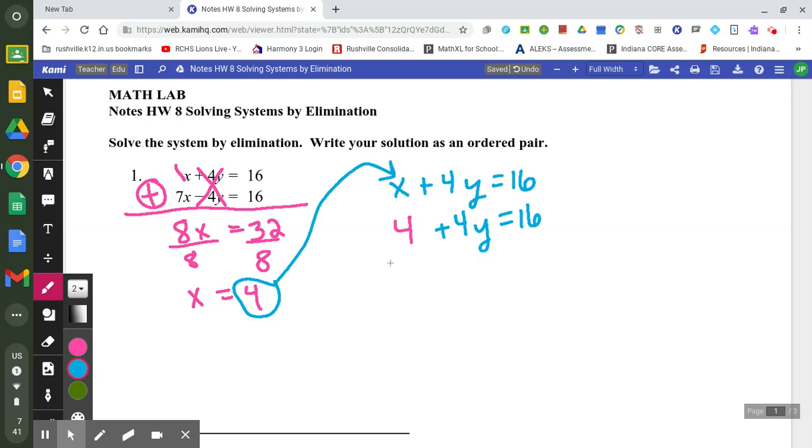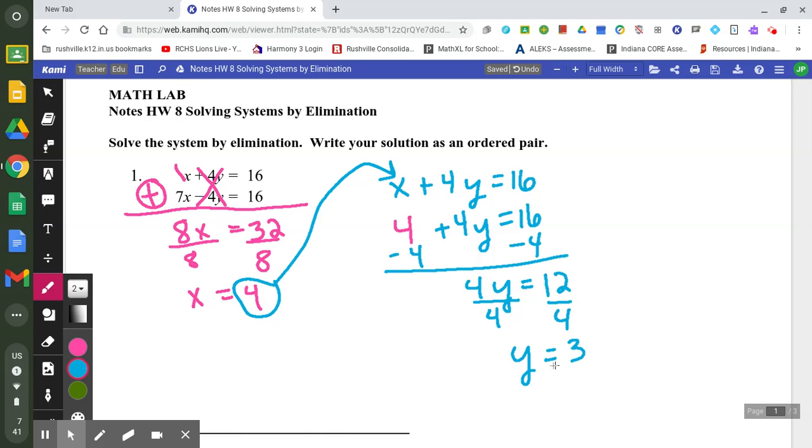And then I'm going to solve for y. So I'll subtract 4 on both sides of the equal sign. 4y equals 16 minus 4 gives me 12. Divide both sides by 4. So my y is equal to 3.